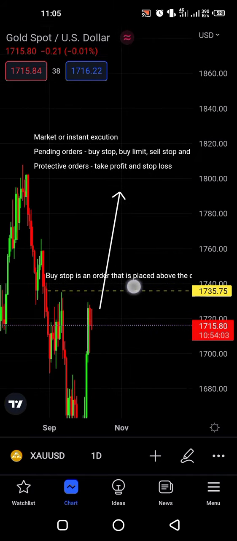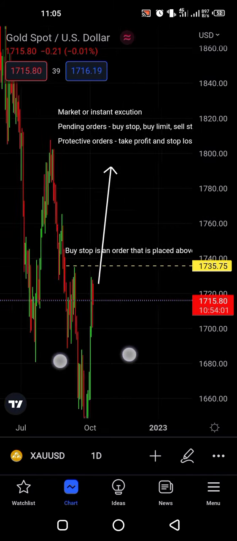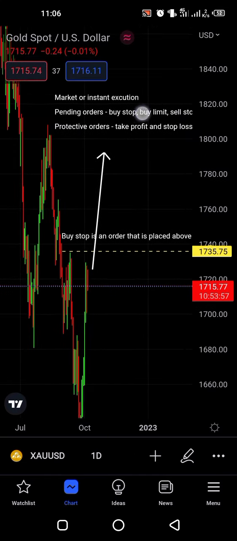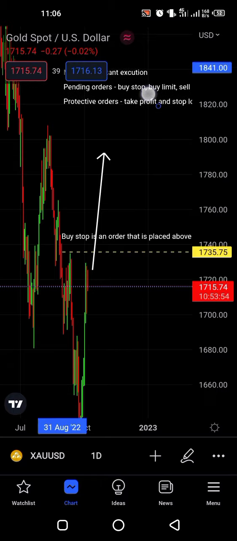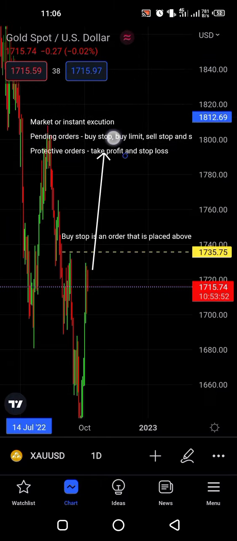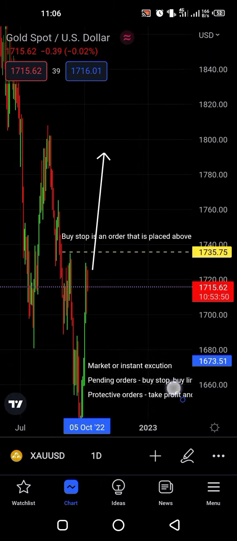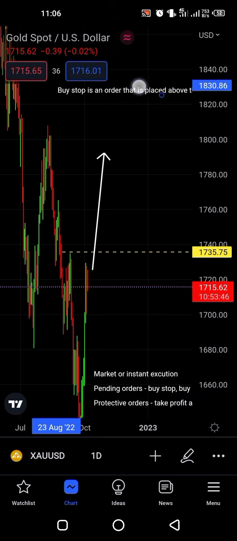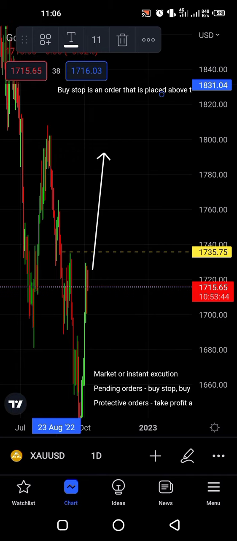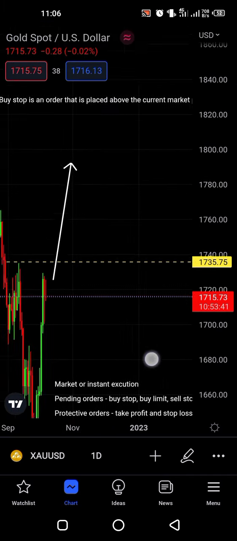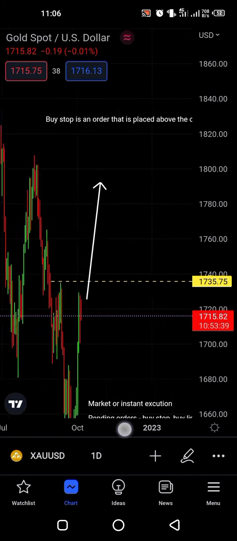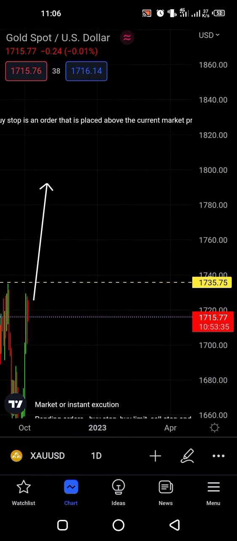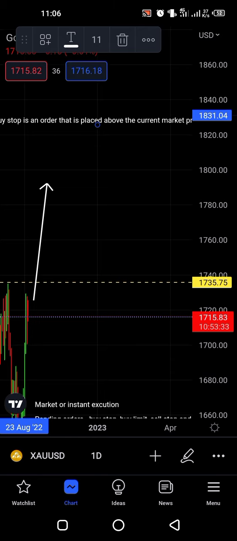So a buy stop is a trade, or an order, that is placed above the current market price.